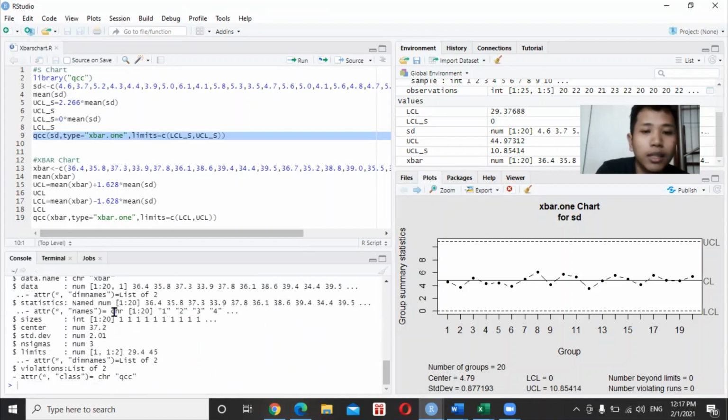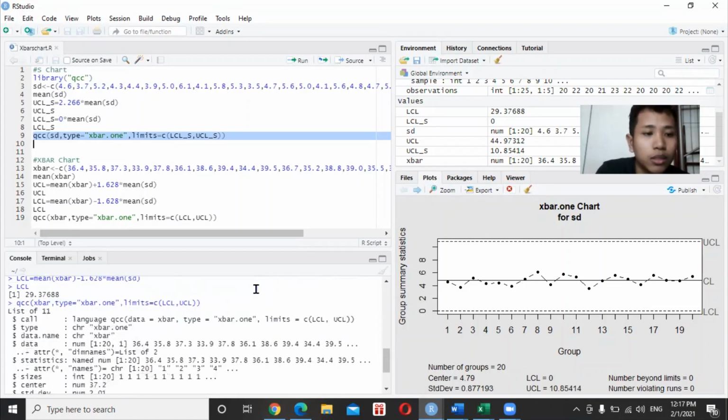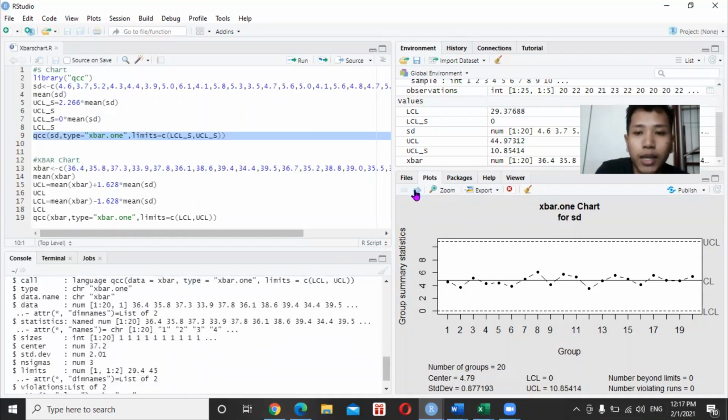Then finally use qcc with type S bar dot one with the limits to get the S bar chart. Okay, so this is what we get.